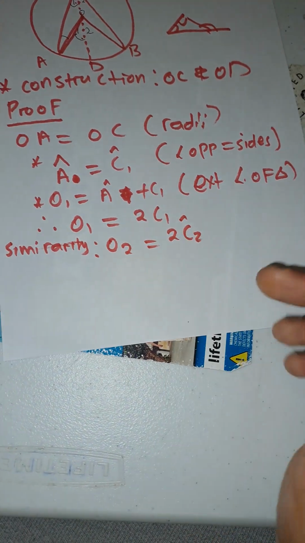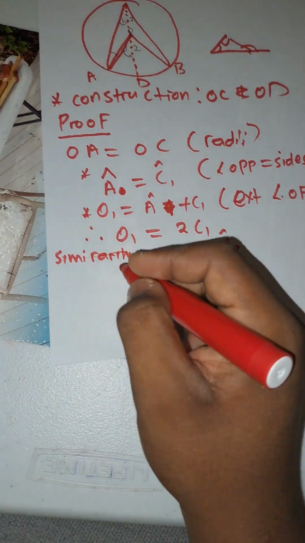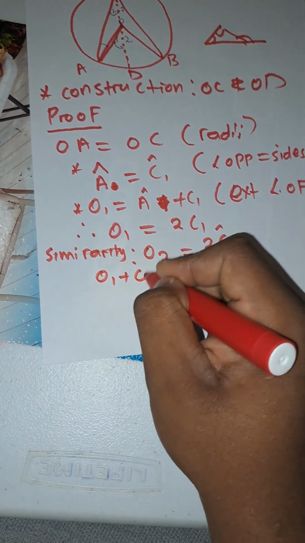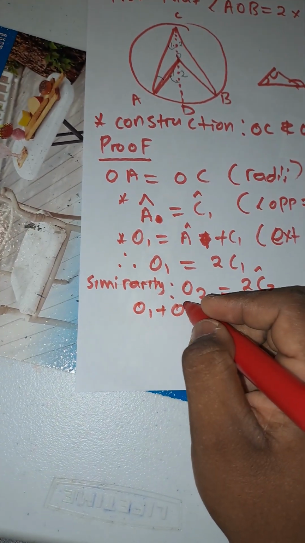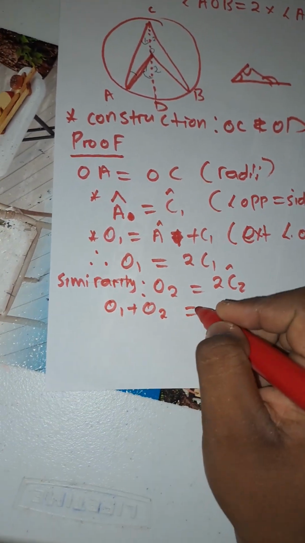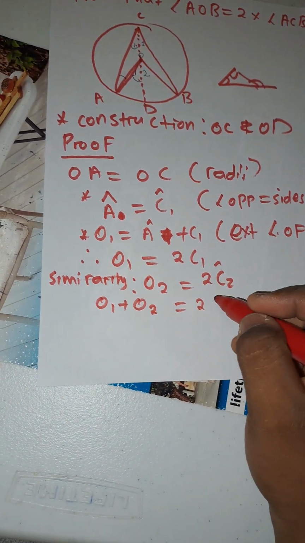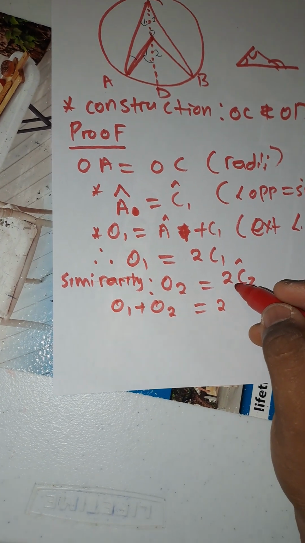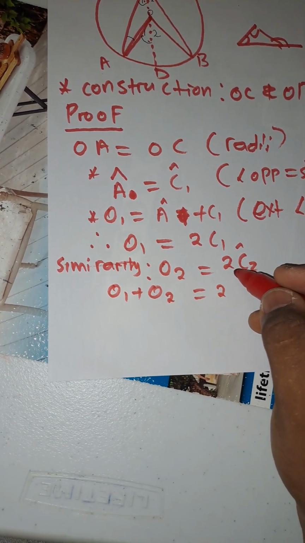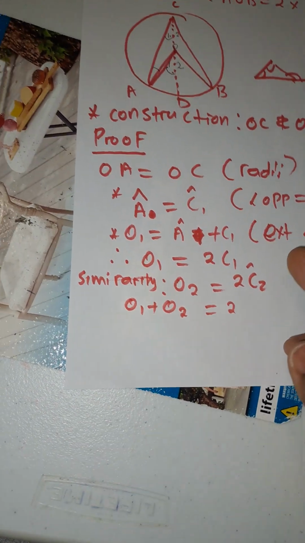And then I'm gonna continue. I'm gonna combine everything. So it's gonna be O1 plus O2. It is equals to what? 2 times what? Remember that I said O2, it is equals to 2 times C2, right? So it will be angle O1 plus angle O2.